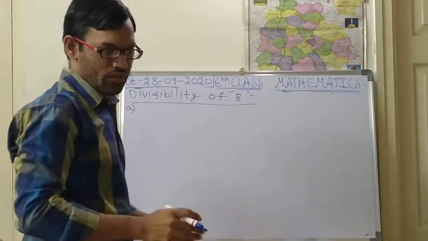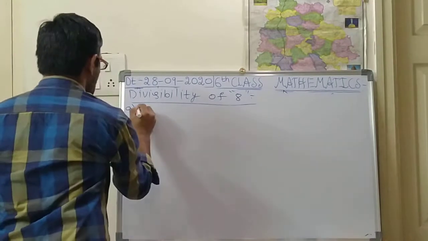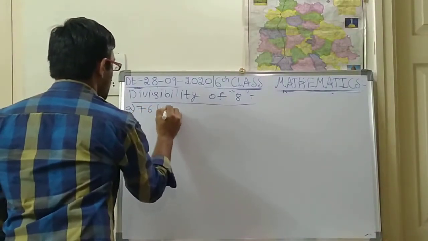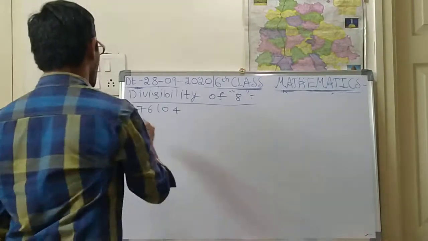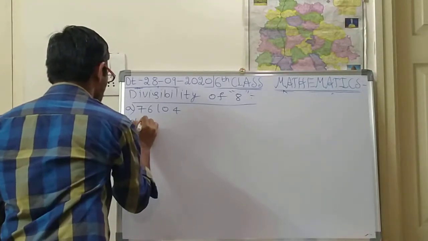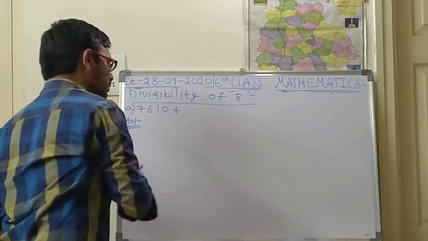First one: 76104. Whether it is divisible by 8 or not, we have to check. So, solution. What is the first step?